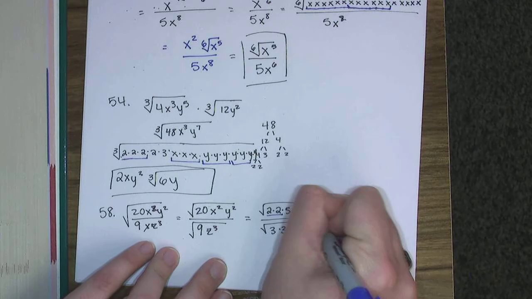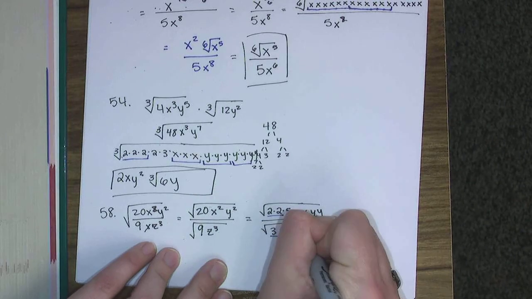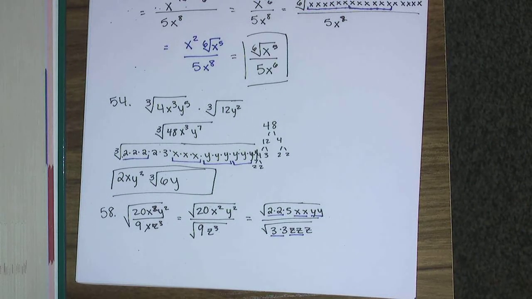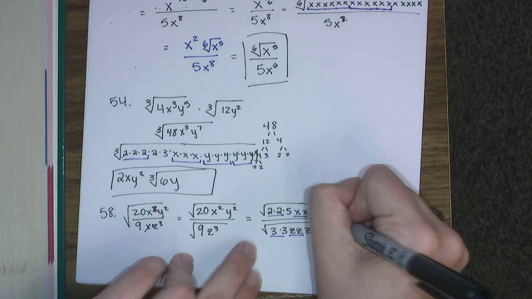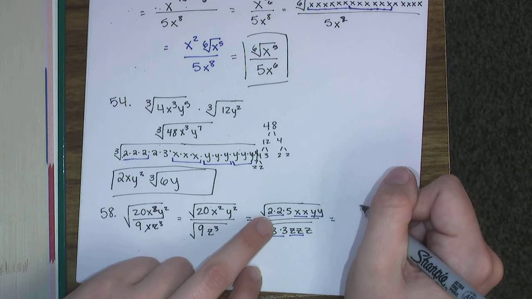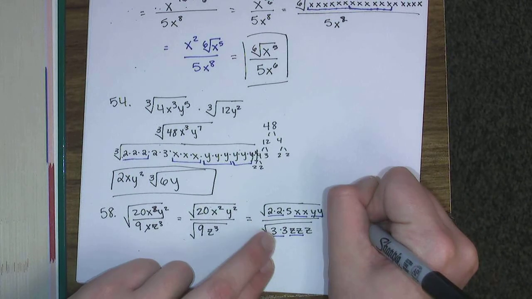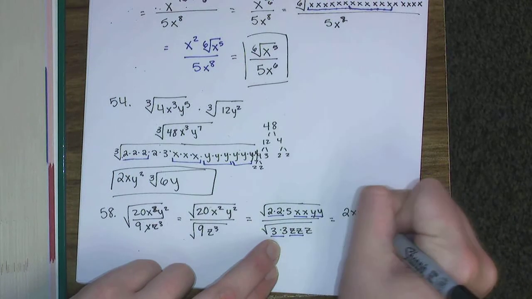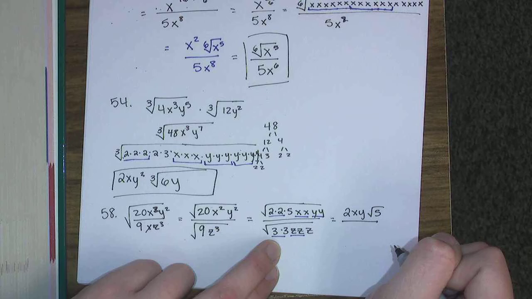So this becomes on the top 2xy times the square root of 5 over 3z square root of z. Now, if you remember from trig, we don't like roots on the bottom.